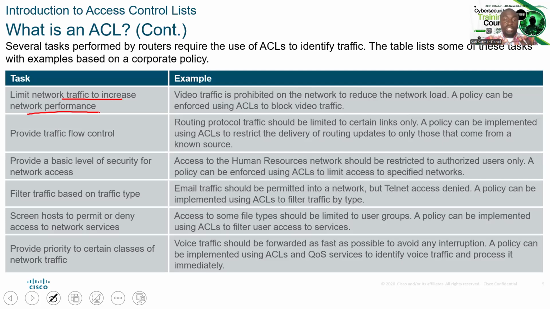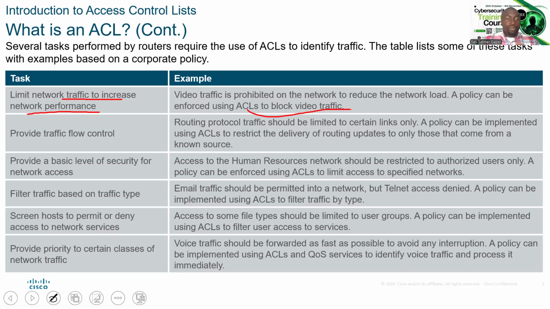You can say video traffic is prohibited on the network to reduce the network load. A policy can be enforced using access lists to block video traffic. So you say, I want to block people from accessing YouTube or downloading anything video. Then you write an access list statement and configure an access list.